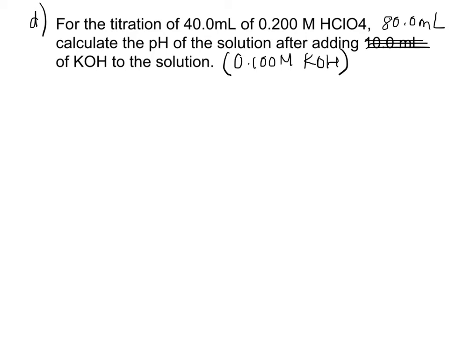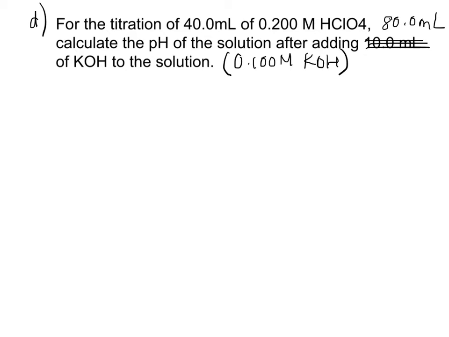Okay, so we're going to work problem 53D. What I want to think about is all the different points along the titration curve, and in this case I'm going to look at the amount of milliliters of base that we're adding.